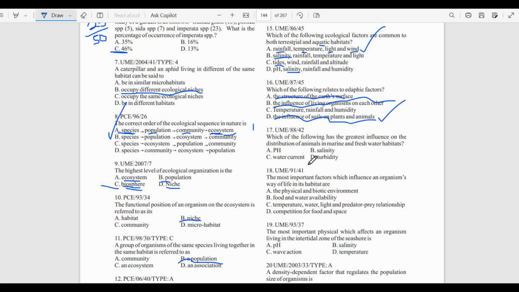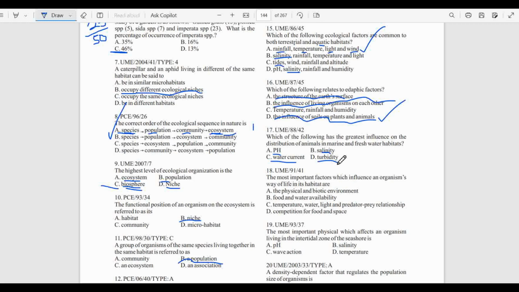17. Which of the following has the greatest influence on the distribution of animals in marine and freshwater habitats? You have pH, you have salinity, you have water current, and you have turbidity. Which of the following has the greatest influence on the distribution of animals in marine and freshwater habitat?